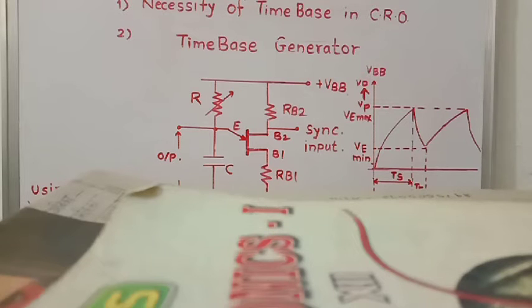And this time-based signal is also called X input signal. If it is absent, then we can see only a vertical line on the CRT screen due to the vertical deflection plates, because the vertical deflection voltages move the electron beam in vertical direction.